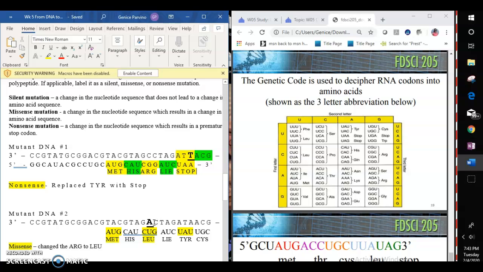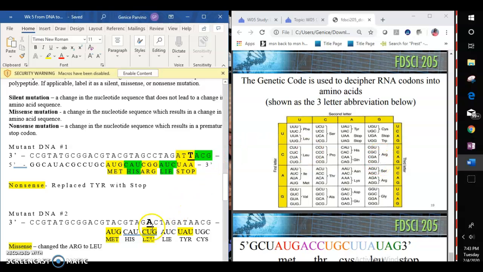That's the mutation, the A. The GCC translated into a CGG, that was our anticodon. I think I'm saying that right. The anticodon was CGG, and it stood for, if you look over here, CGG stands for ARG.